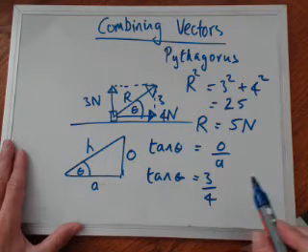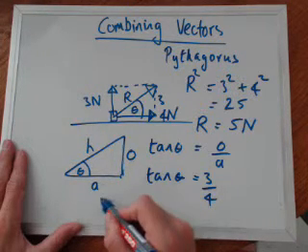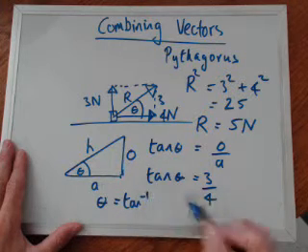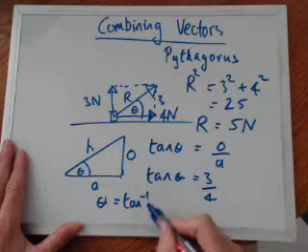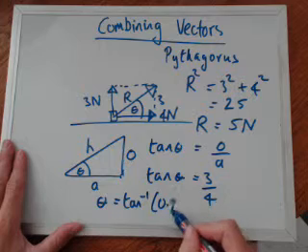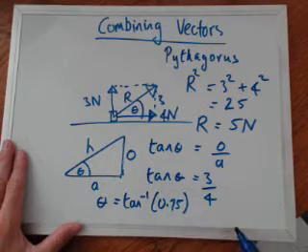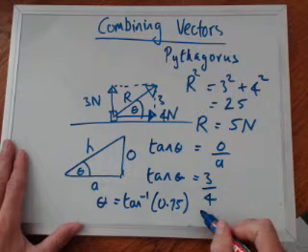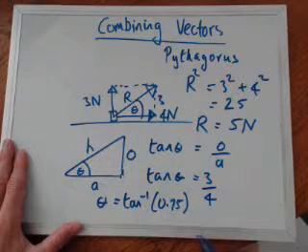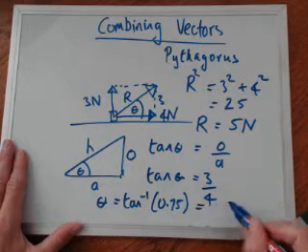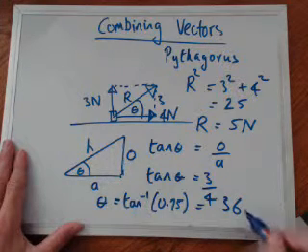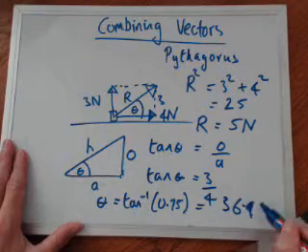Therefore theta is equal to tan to the minus 1 of 3 over 4, and on your calculator you'd put it as 0.75, or just leave the fraction. Theta equals tan minus 1 of 3/4, 0.75, and that, as I calculated earlier, is equal to, to one decimal place, 36.9 degrees.